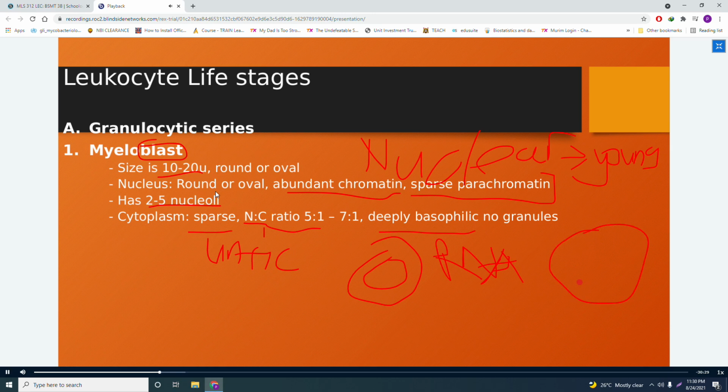So, yan yung itsura niya. Yung abundant chromatin niya, yan yung itsura niya na parang mga lines. Then, it also has sparse chromatin, yun yung nasa gilid. Okay, it has an NC ratio of 5:1 to 7:1.